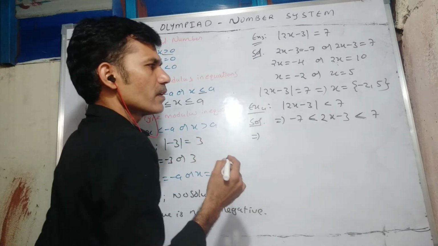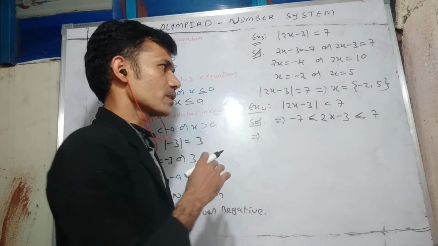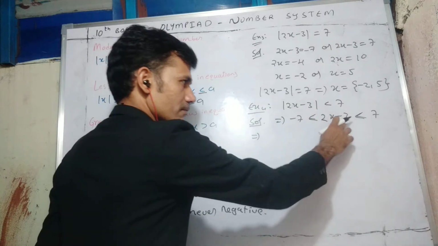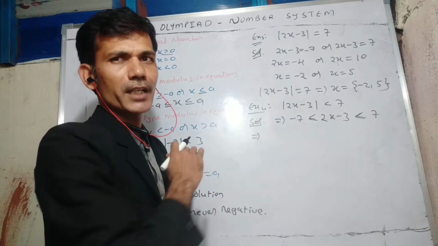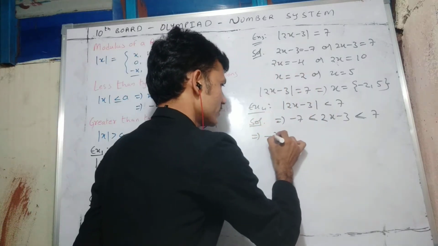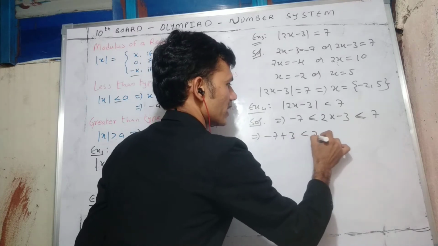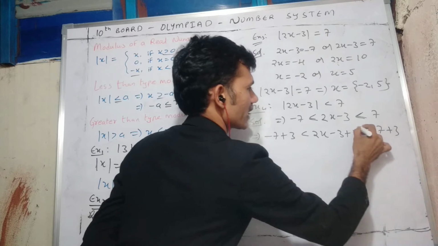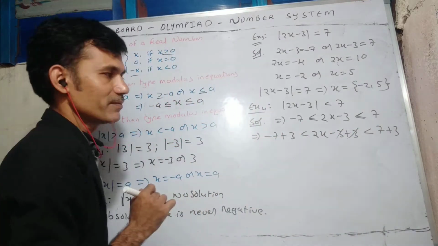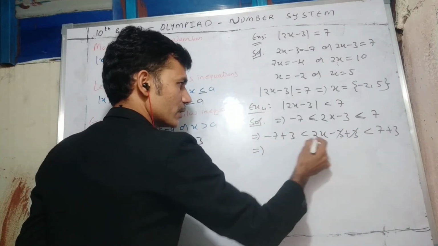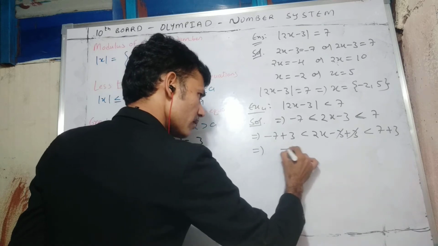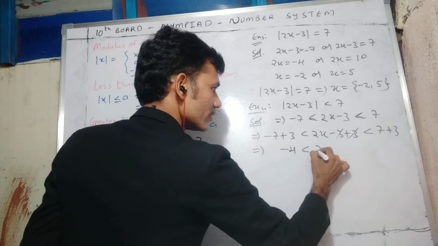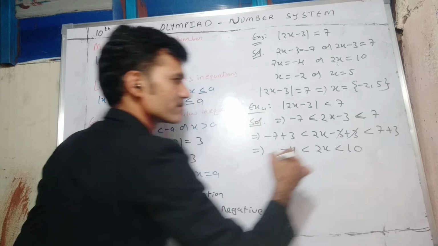Next, see, this inequality how we have to solve means first we have to take out that minus 3. You can add plus 3 everywhere. So I'm adding plus 3, so that I can take away 3 in between. So here what it becomes, then 2x value lies between minus 4 and 10.